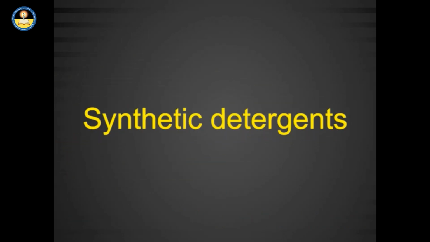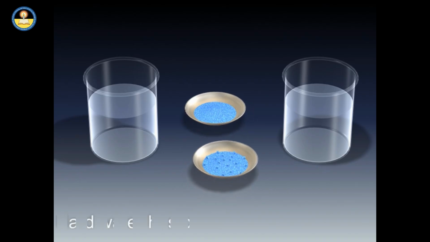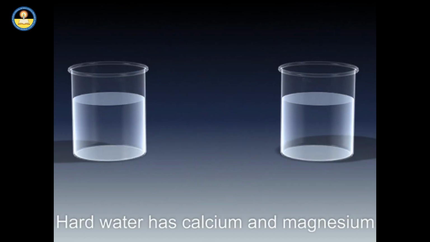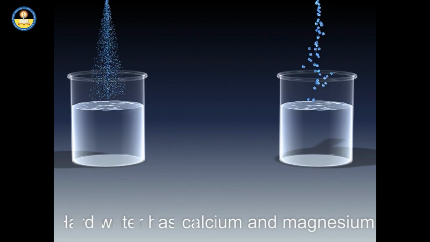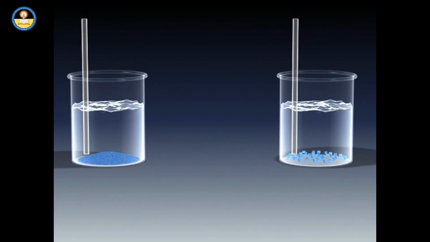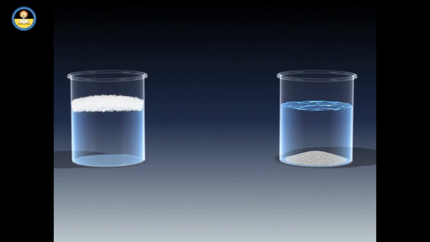Synthetic detergents. Soaps have problems when used with hard water. Hard water has calcium and magnesium, which do not create lather. Synthetic detergents have overcome this problem. Synthetic detergents do not have sodium salts of fatty acids.